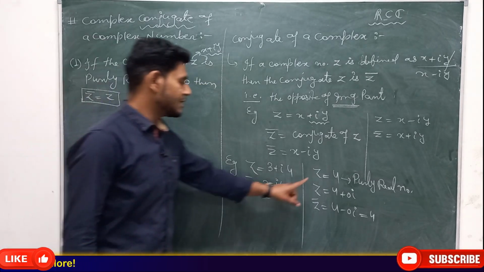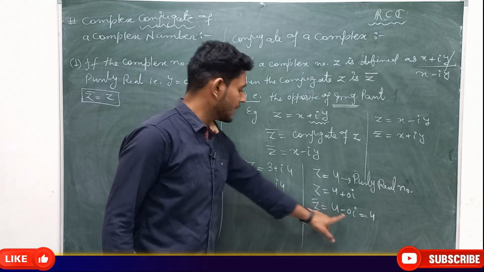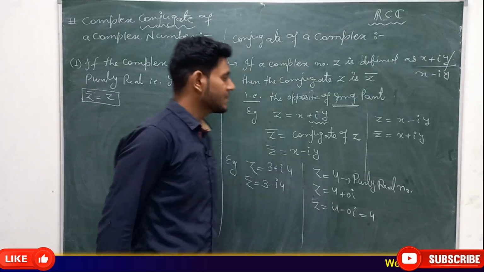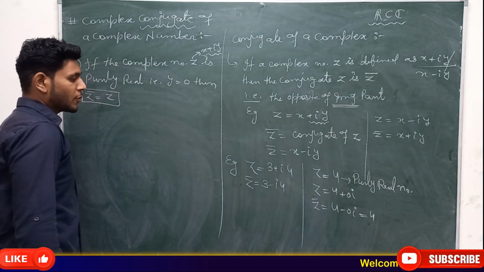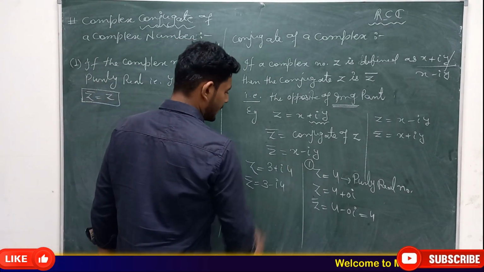Are you getting? z क्या था हमारा 4, हमने उसका bar किया, हमें क्या मिल गया? 4 मिल गया.